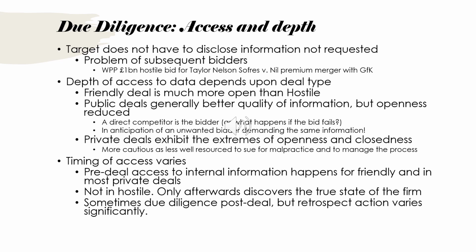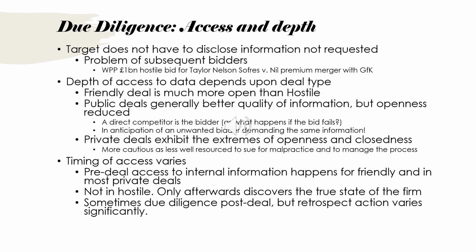Now, because Taylor Nelson Sofra liked GfK and wanted to do the deal, they revealed a lot of sensitive information about the company to GfK, which WPP then demanded at the 11th hour, and Taylor Nelson Sofra was forced to give them the information. This allowed WPP, of course, to know exactly what they were buying, and they were able to make a knockout bid of £1 billion, and they won the deal.